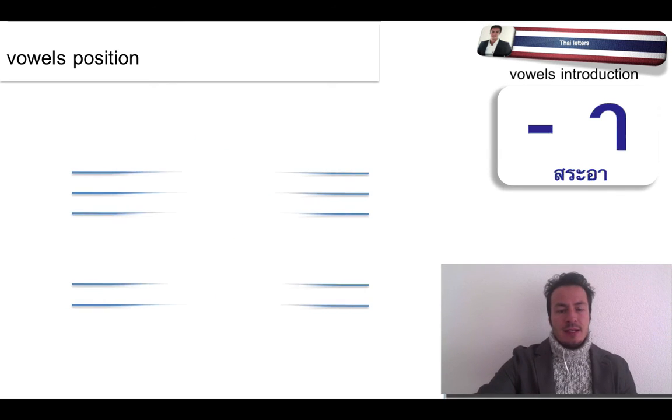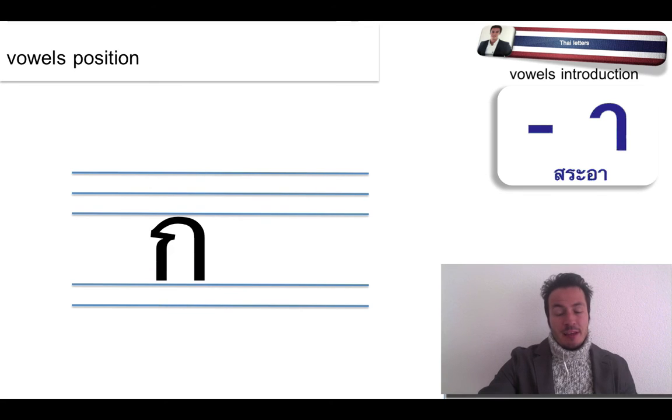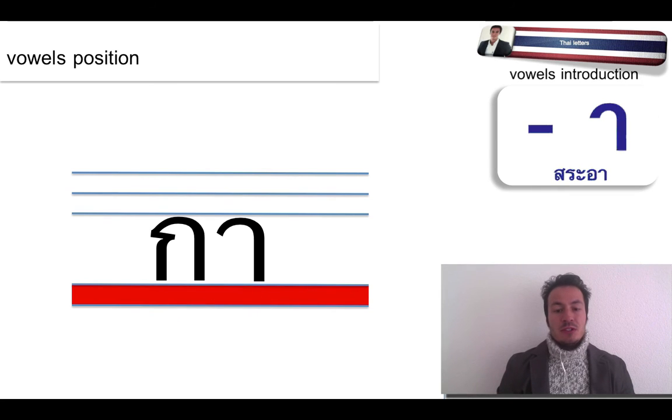Now, as you may remember, in Thai we have different layers of writing. We have the central layer where the main text is. These are also the two lines which are represented within the exercise sheets. Within this layer, we have consonants to write in, and we have vowels to be placed. Then we also have a layer below the consonant, here in red, which is mostly used for vowels.